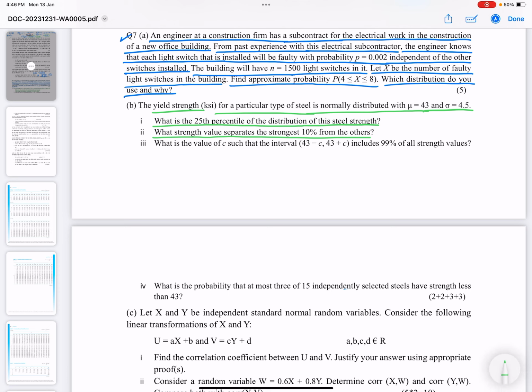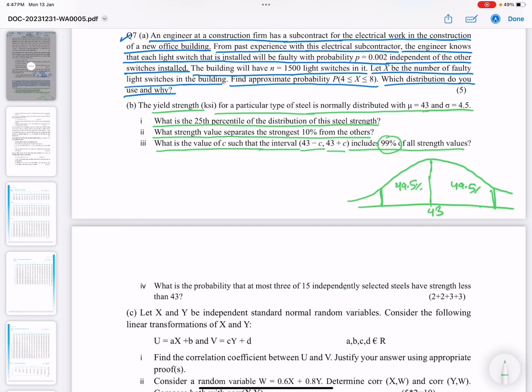Now the next part states: what is the value of C such that the interval 43 minus C, 43 plus C includes 99% of all strength values. So basically this is the mean 43, and you need to check what values C would take such that 99% of values lie between this interval. So 99% would mean 49.5% lies here, 49.5% lies here.